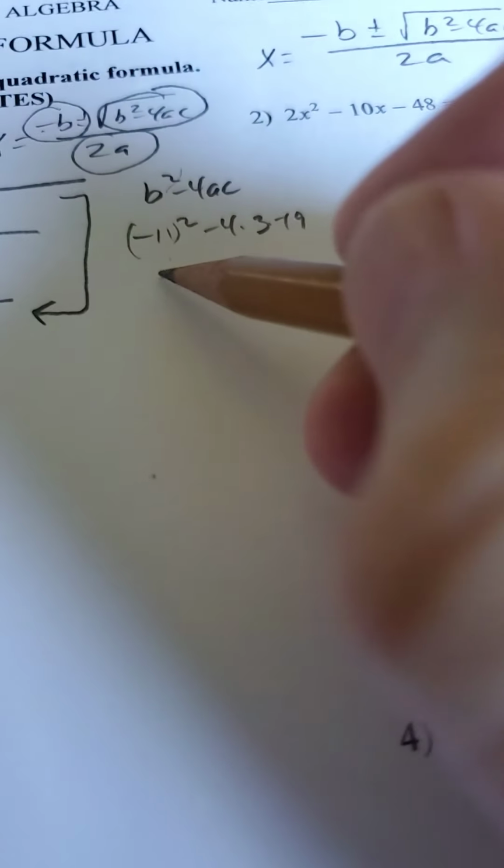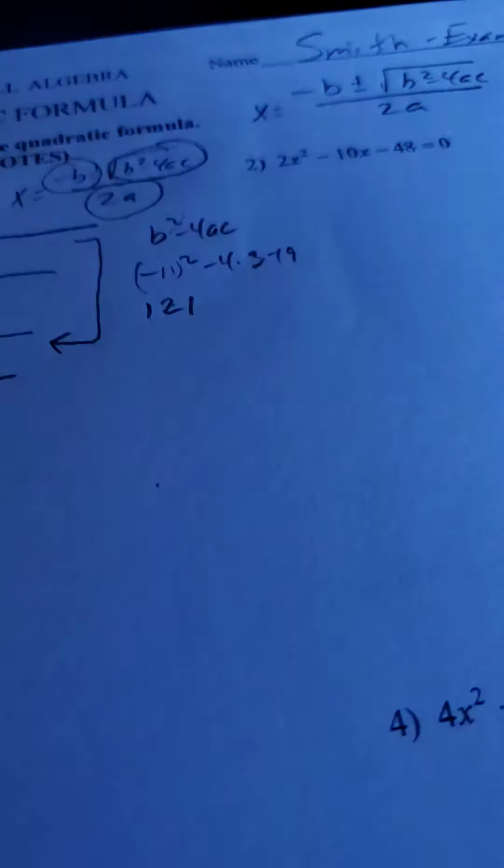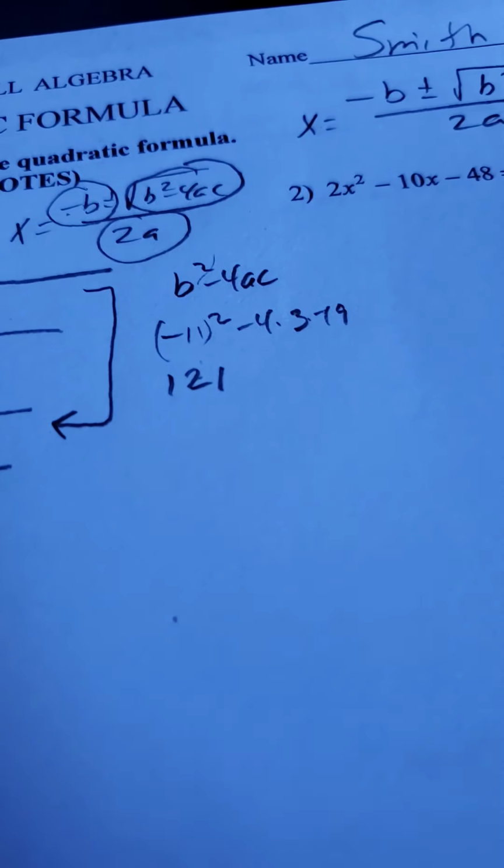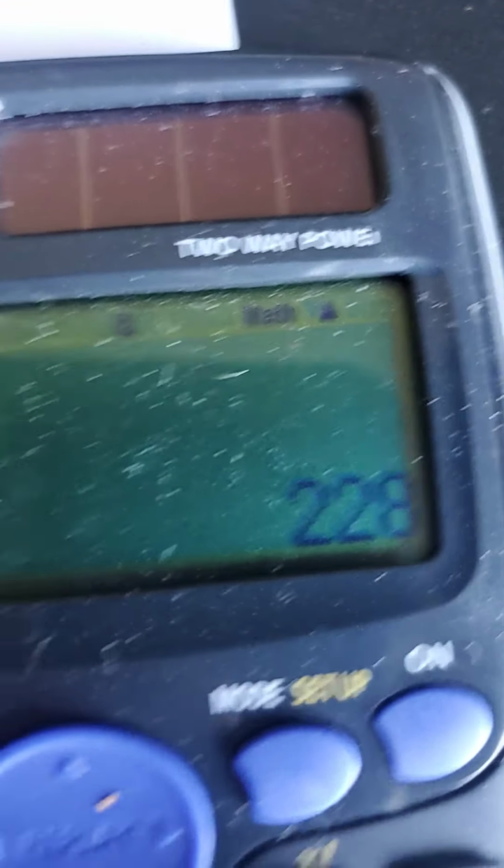Okay, you will definitely need a calculator for this section. That's positive 121. I need to take 4 times 3 times 19, and that is 228. Because there are 2 negatives, negative 4 times negative 19 times positive 3, that ends up being a positive 228.